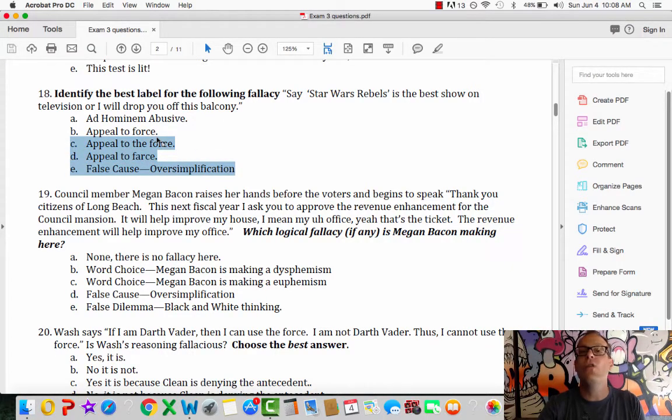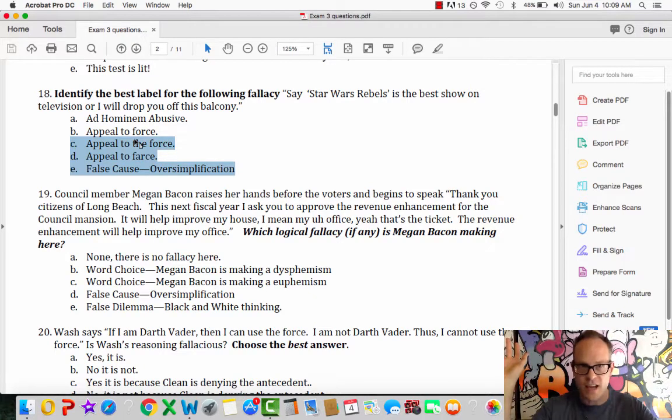Now, I don't know which answer it is at this point, but I've narrowed it down to a 50-50 shot. If you did that for every question and you just guessed, you'd still stand a pretty good chance of getting a somewhat decent mark. Well, if you were just guessing, you'd be in the running for a 50. But presuming there are other questions that you do know the answer to in the exam, you'd be in great shape.